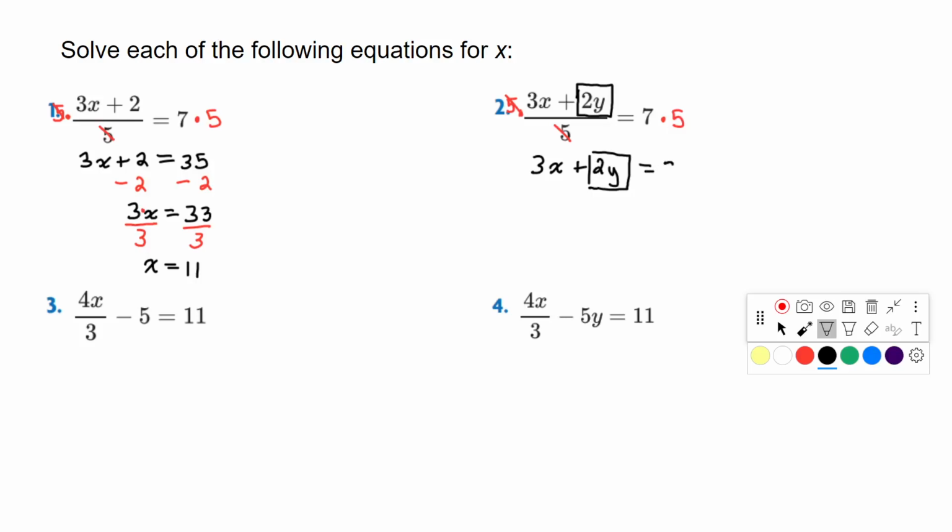And the y isn't what I'm trying to isolate. And 7 times 5 is 35. So 3 times x, that's the first thing that's happening to x, plus the 2y.